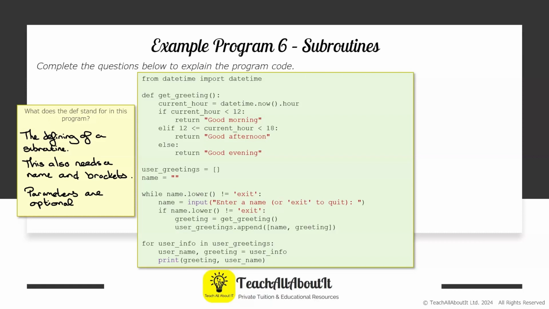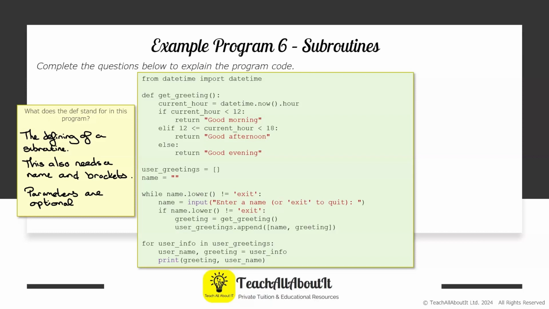So if everything was global, every single variable would need a completely unique name, and you'd end up with massive, massive variable names. If you use a local variable, you can use that same name inside a different subroutine and they won't overwrite each other.